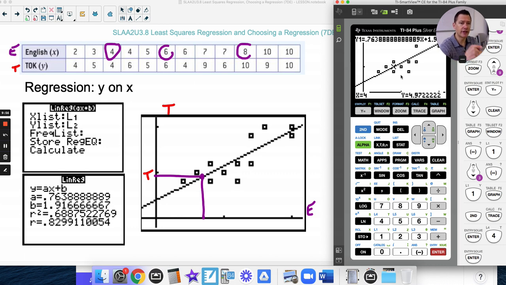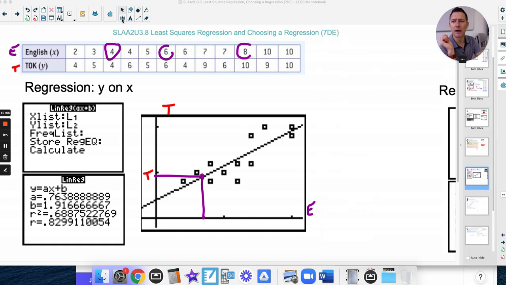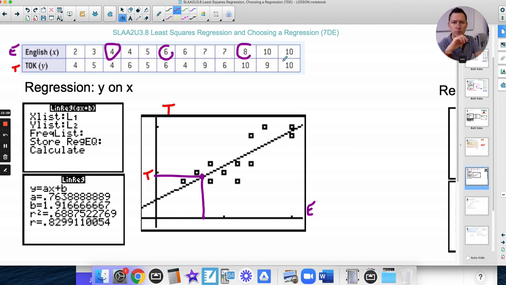And I know that there are techniques like if I ran this backwards, and I knew my TOK was a 9, we could run a vertical line and find this and then find the English based on that. And that totally works. But it's not as good as running an X on Y regression.